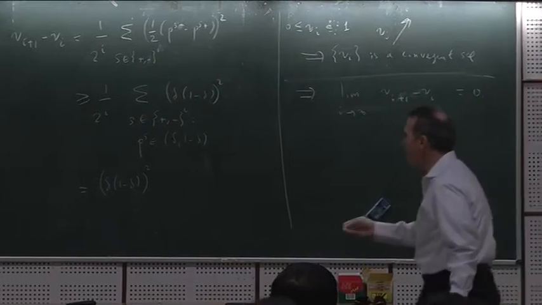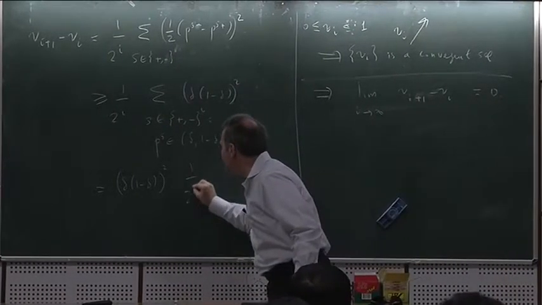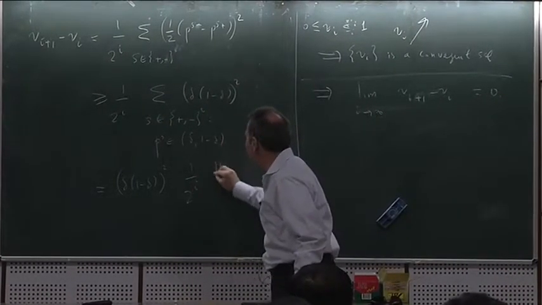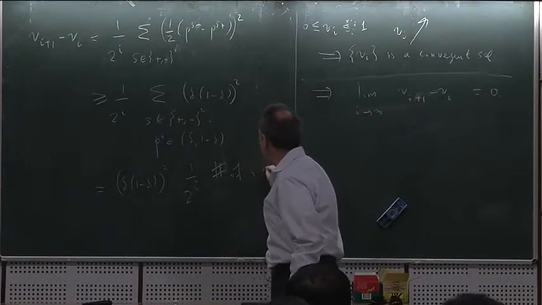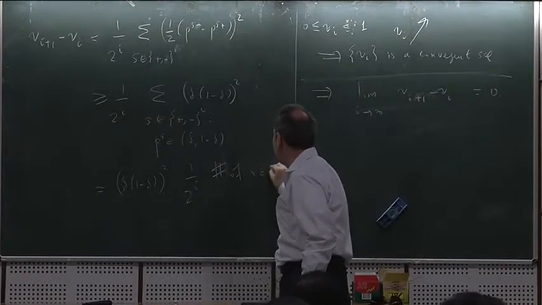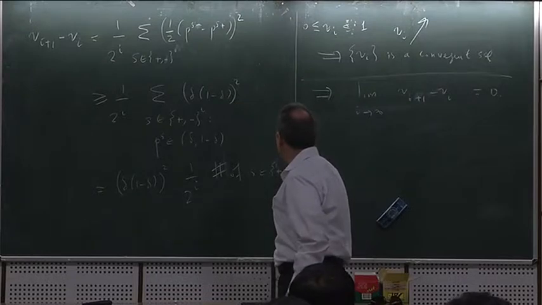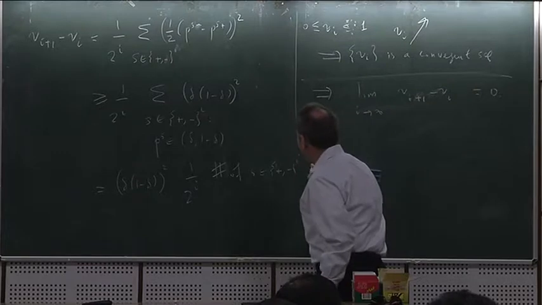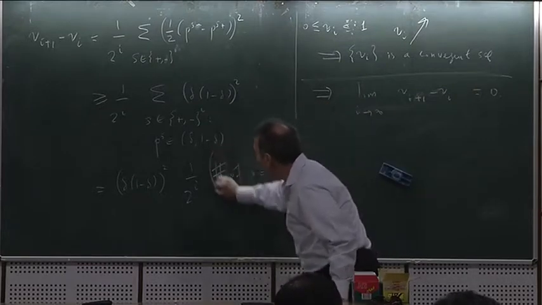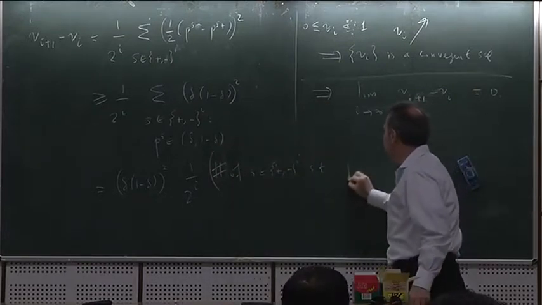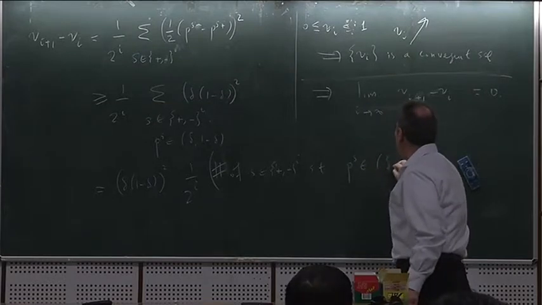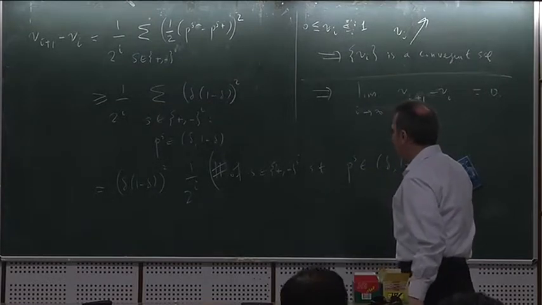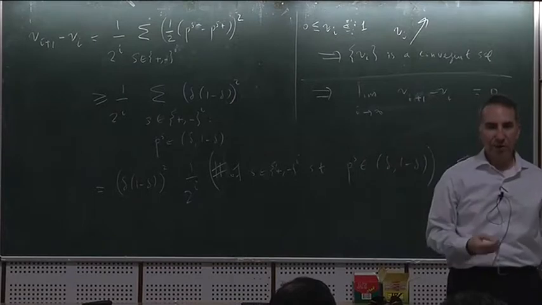This is now the fraction 1 over 2 to the i, and I have the number of s in plus-minus to the i such that p_s is between delta and 1 minus delta.